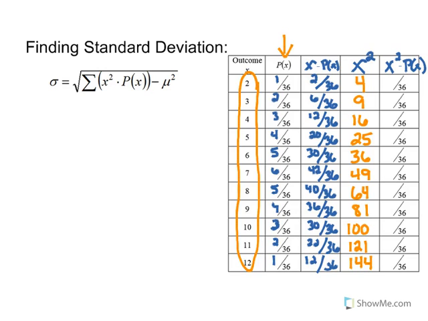Those come out to 1 times 4 is 4 over 36, 2 times 9 is 18, 3 times 16 is 48, 4 times 25 is 100, 5 times 36 is 180, 6 times 49 is 294, 5 times 64 is 320, 4 times 81 is 324, 3 times 100 is 300, 2 times 121 is 242, and 1 times 144 is 144.